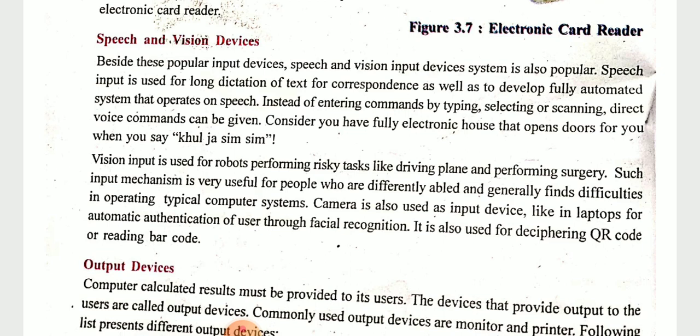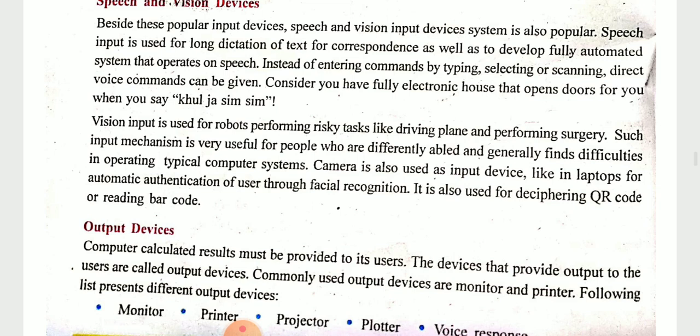Direct voice commands can be given. Consider you have a fully electronic house that opens the door for you when you say 'khul ja sim sim', then your door opens. Why? Because the house is fully based on electronics.